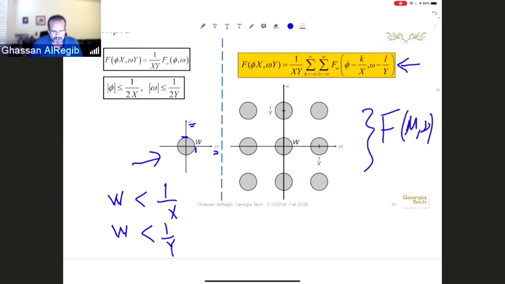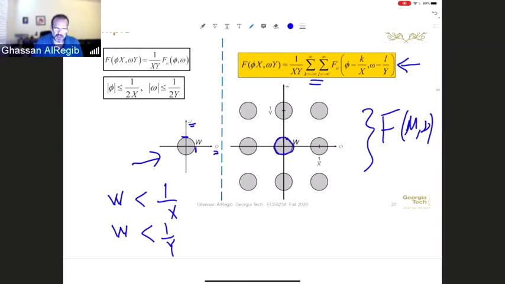So this double summation means that I'm shifting and repeating our disk. The first thing is when k is equal to 0 and l equal to 0, then I have the original disk as is.